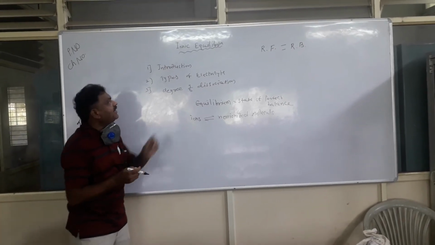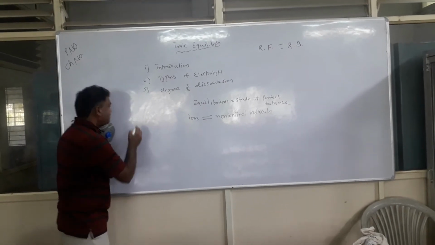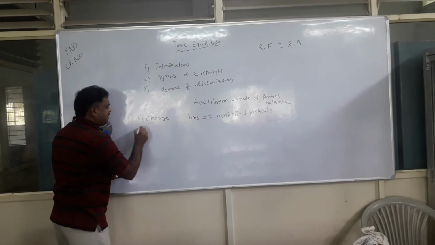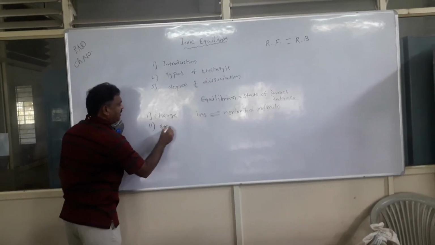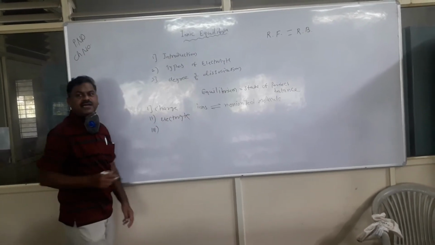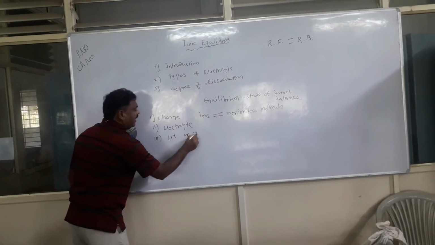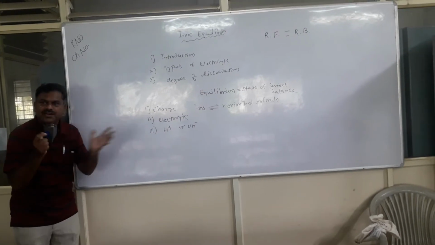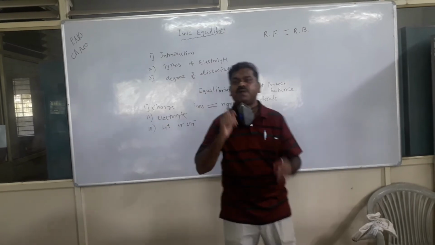It means that ionic equilibrium involves first the charge, second the electrolyte, and the third one the ions, H plus or hydroxyl ions. The charge, whether negative or positive, is the charged particles.